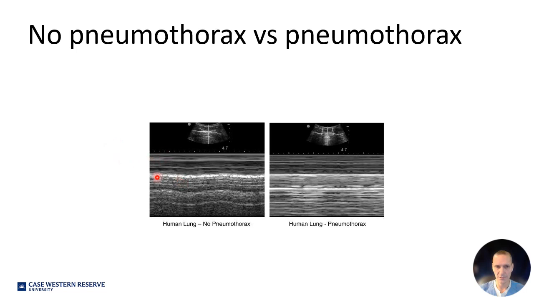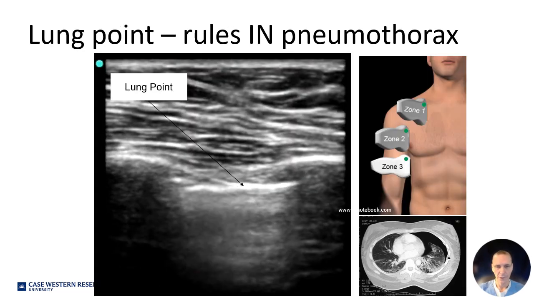Here, so you have the beach, the seashore, and then the sky here. They term this, suggestive of a pneumothorax, the barcode sign. So for documenting, you can record your findings.